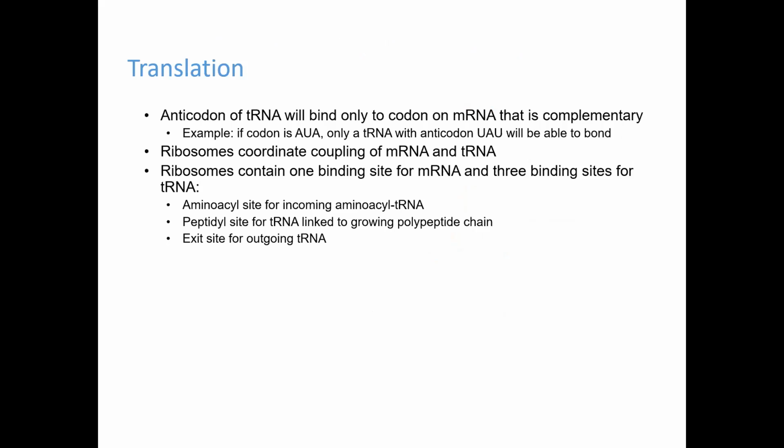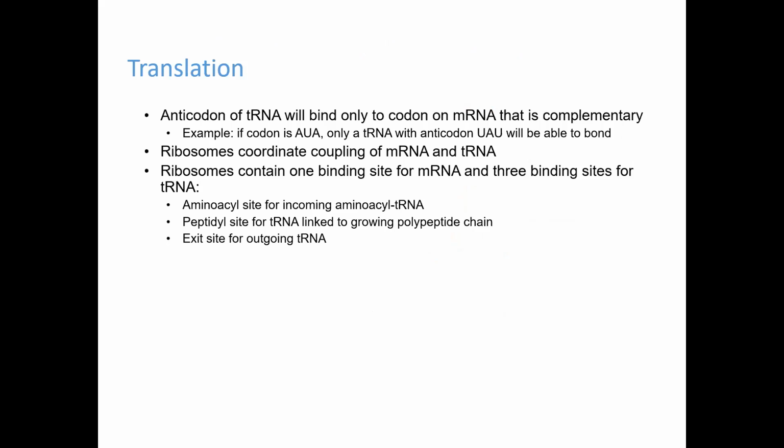That's what I just said, the first bullet. The anticodon of the transfer RNA will bind only to the codon on the messenger RNA that is its complement. If the codon is adenine, uracil, adenine, transfer RNA containing uracil, adenine, uracil is the only thing that can bind to it.